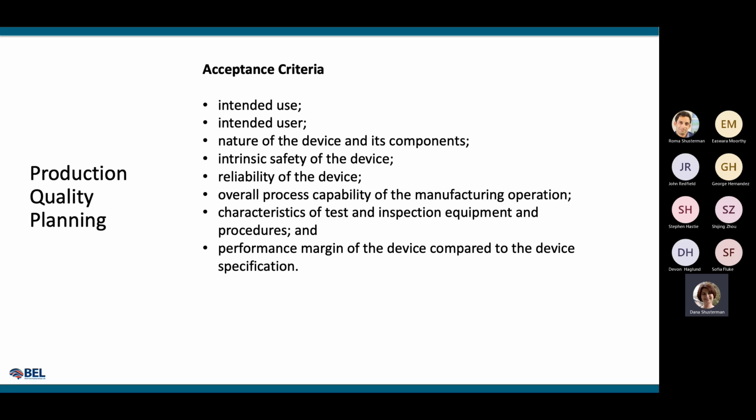This decision is typically based on the intended use, intended user, nature of the device and its components, intrinsic safety of the device, reliability of the device, overall process capability of the manufacturing operation, characteristics of test and inspection equipment and procedures, and performance margin of the device compared to the device specifications.